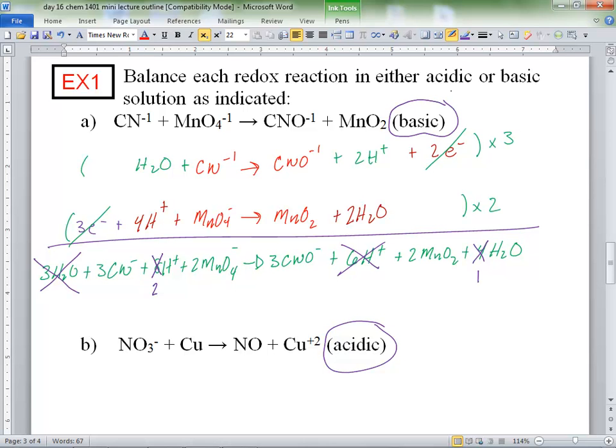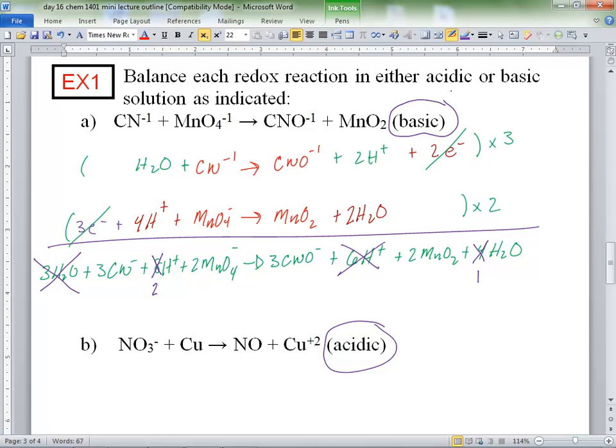We have to do this last step. In other words, if you're in basic solution, you can't have any H pluses floating around. You have what floating around? Hydroxide. Basic solution. So the step says convert all the H pluses to water.